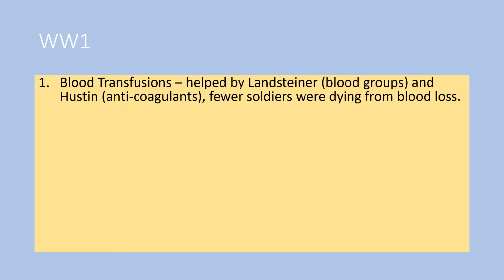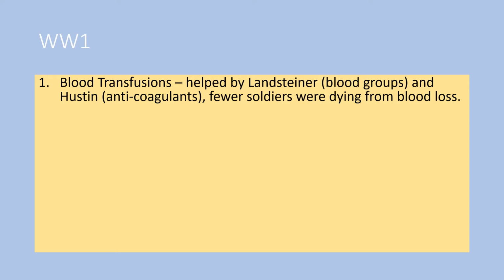It wasn't able to be tested because it clotted. So being able to store blood in such a way that it wouldn't clot meant it was a lot easier to transport blood to the areas in the war, again bringing it back to World War I, where it would be needed.